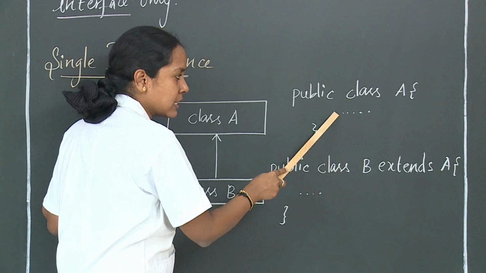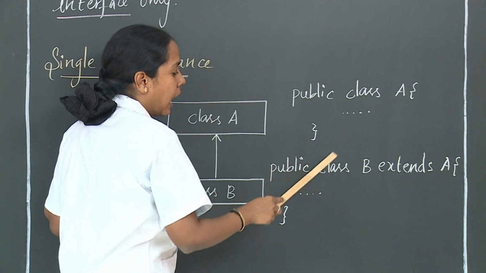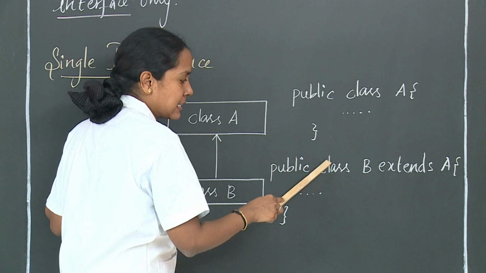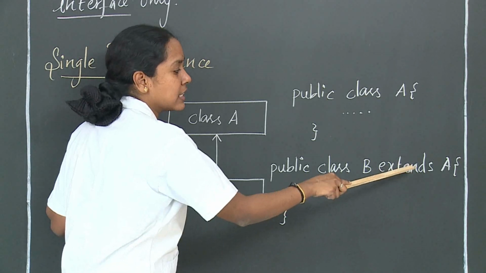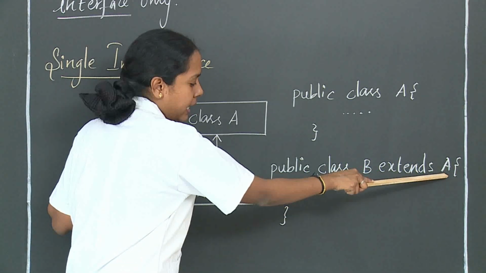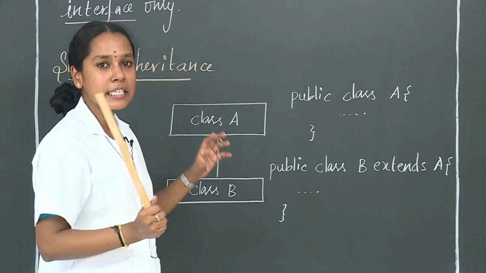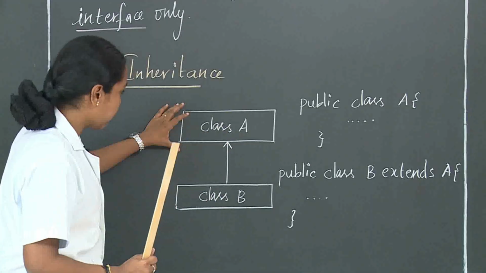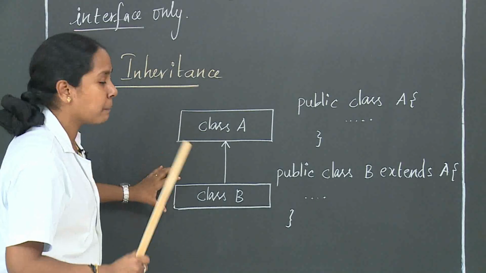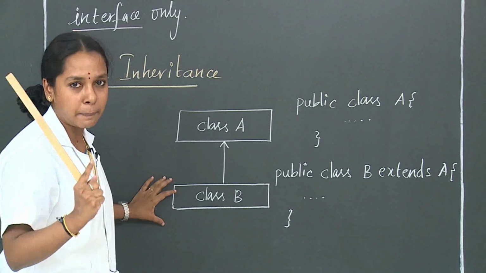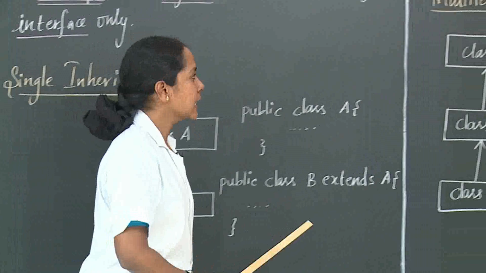I am using some properties there, and then public class B extends class A. Okay, this is called single inheritance. That is, I am accessing the main class properties from only one subclass. That is called single inheritance.